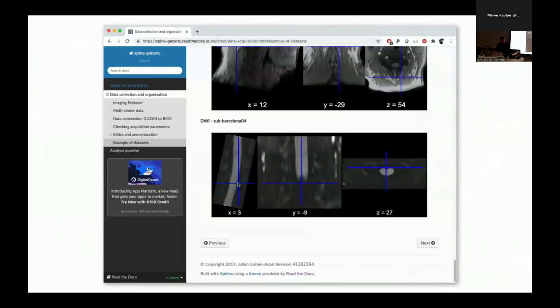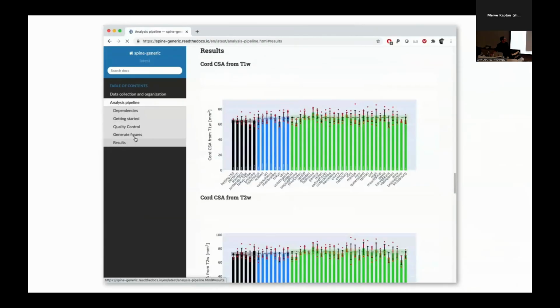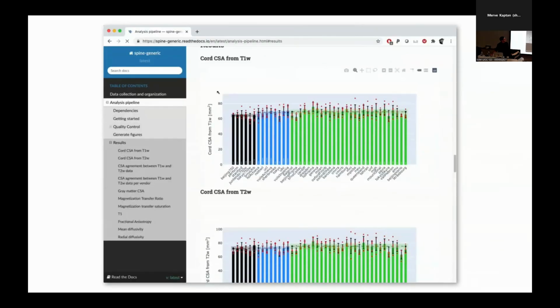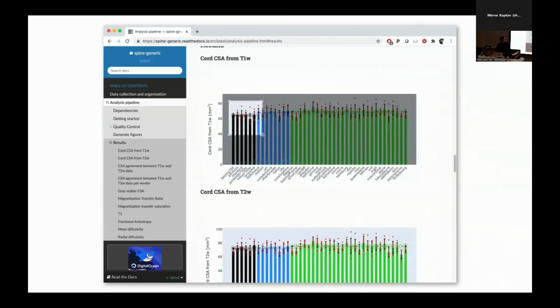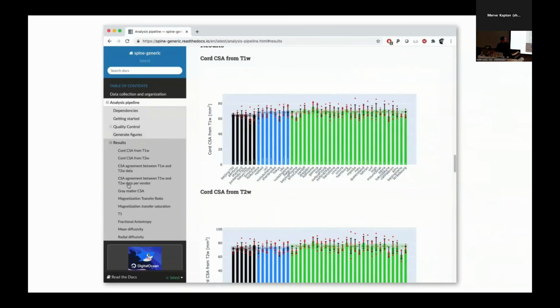And you can also look at the analysis pipeline and results. Some of the results that I showed you are there, and you can also play with them because these are interactive graphs. So you can have the individual values for each site and each participant, and have that for all the metrics.